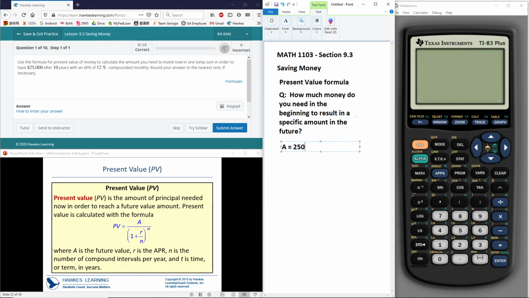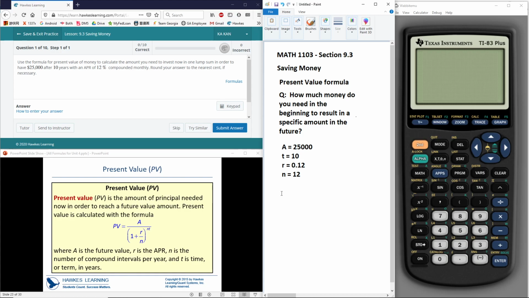You want $25,000. T equals 10 years. APR, that's the rate, 12%, that's 0.12, right? And compounded monthly, that's n, the interval, equals 12. All you gotta do is put these four numbers into this formula right here.